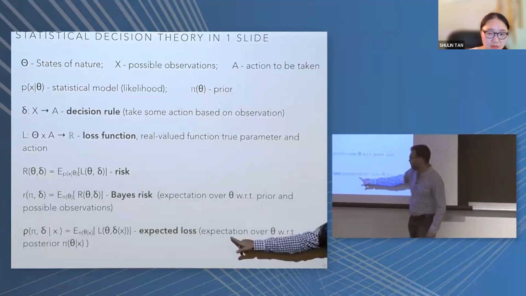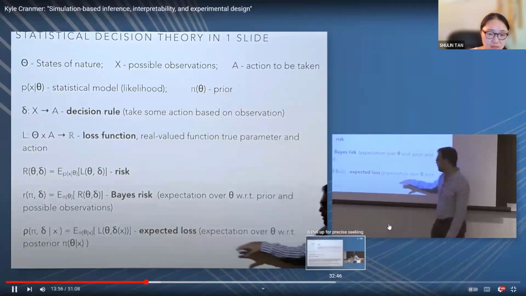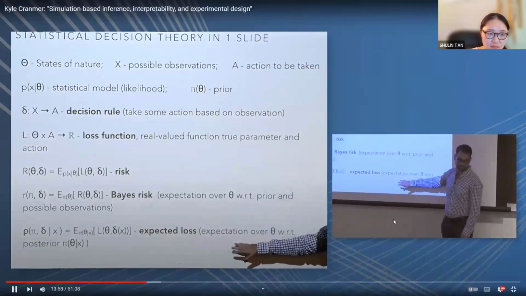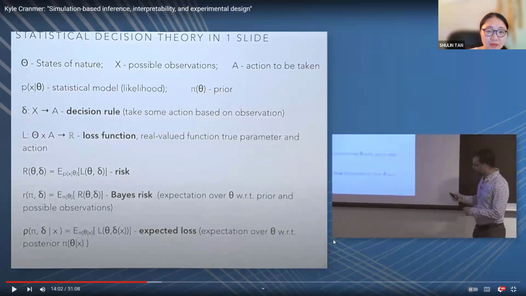I think this expected loss is where you have a posterior. Yeah. So this is what leads to generalized Bayes rules and things like that. Anyone have questions here? So basically the x of theta is what we want, and this is kind of what SBI gave us.